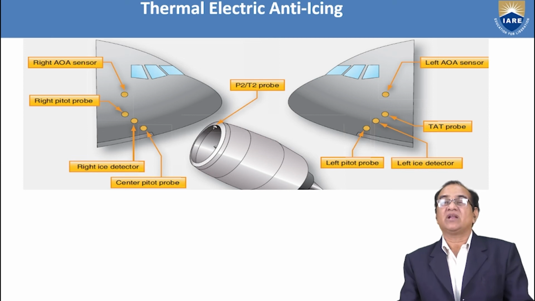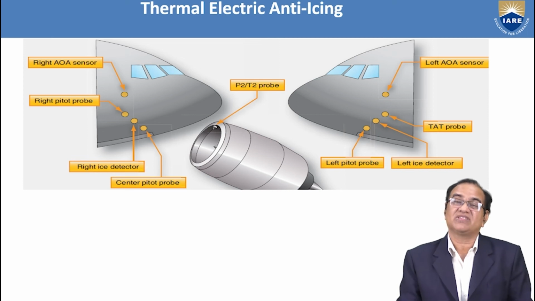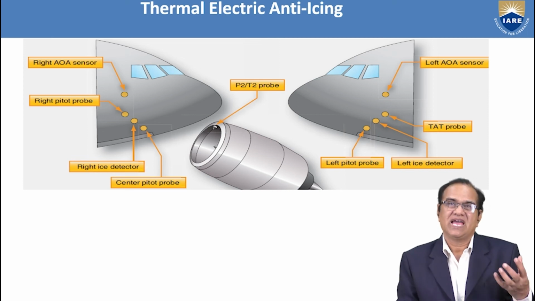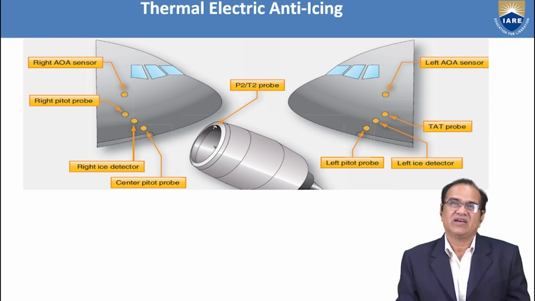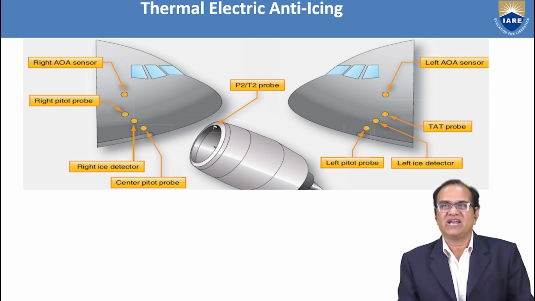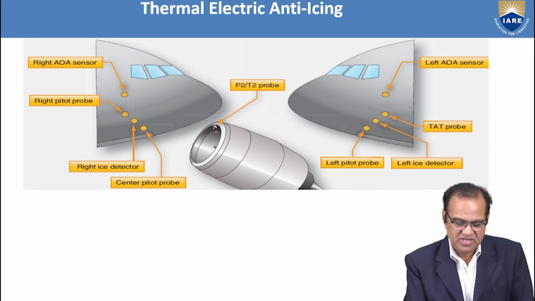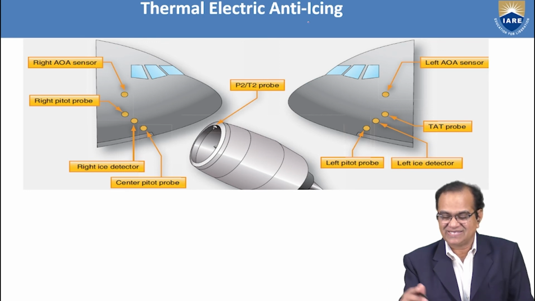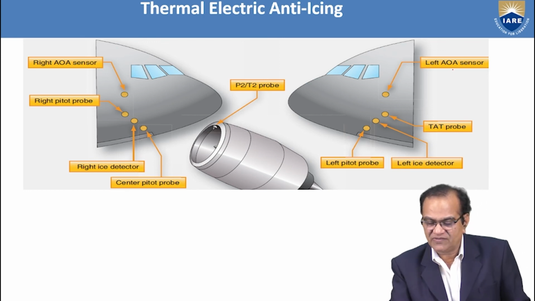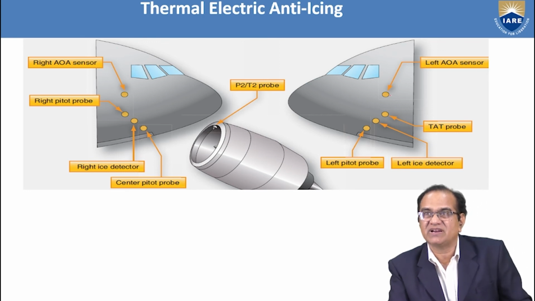Here we have the thermoelectric anti-icing, especially for the props, angle of attack measurement, pitot tube left and right, and the P2, T2 probe. So these all are done by the thermoelectric anti-icing system. Here we have the left angle of attack sensor, left side of the aircraft.